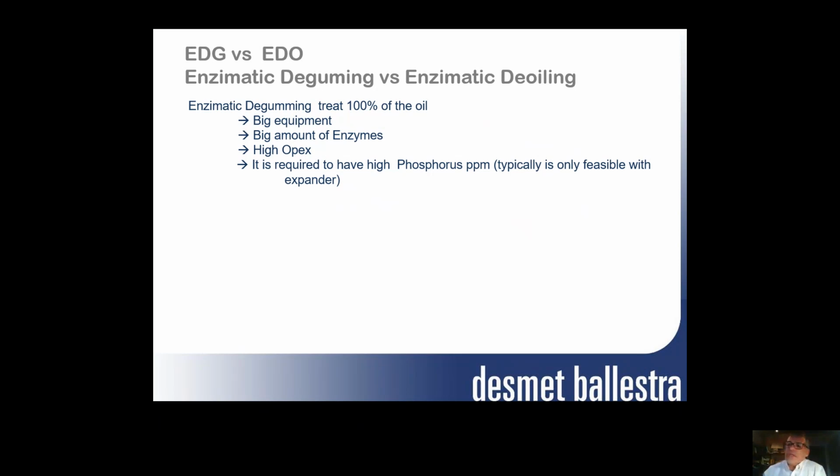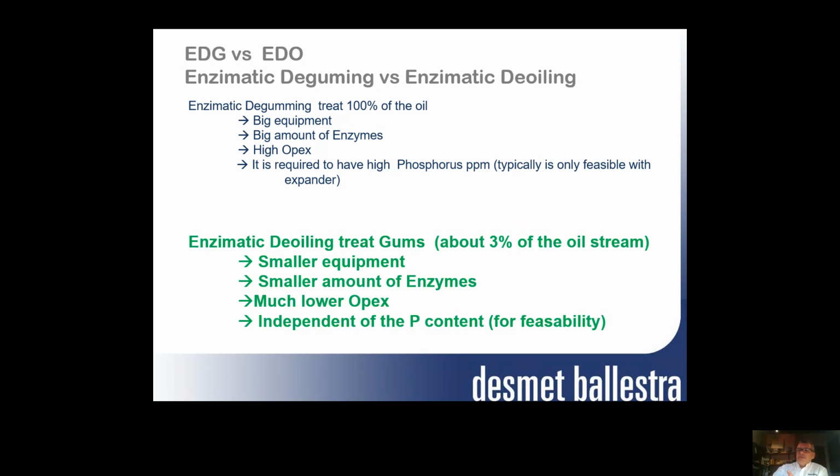When we treat the soya with expandate, which gives very high phosphorus content in oil, in the case of expandate more than 1000 ppm. So it's completely different than enzymatic deoiling.